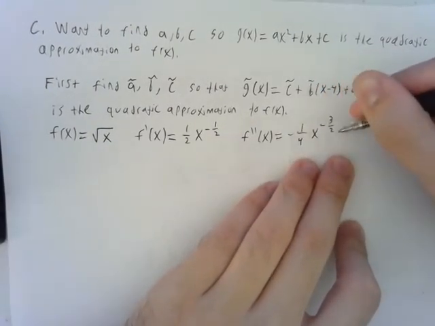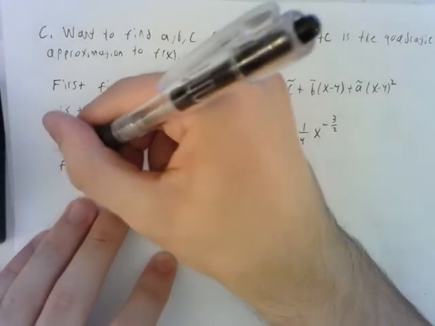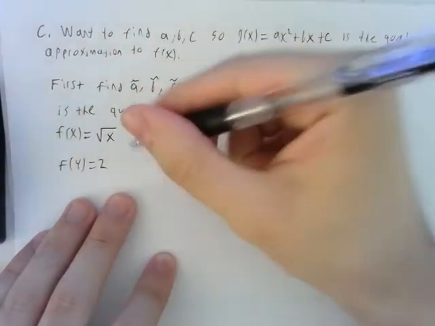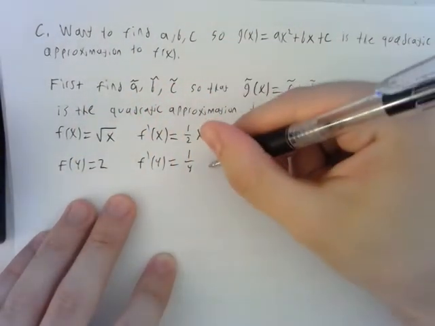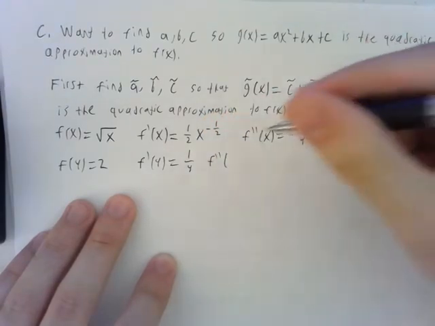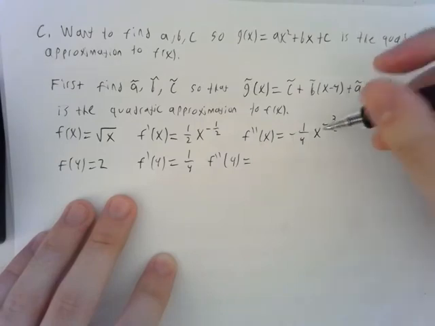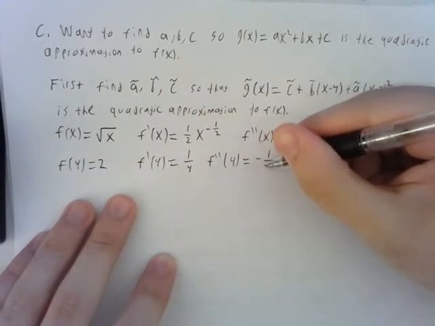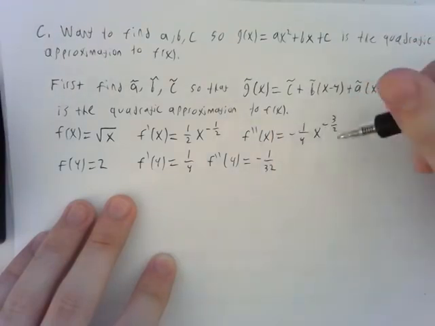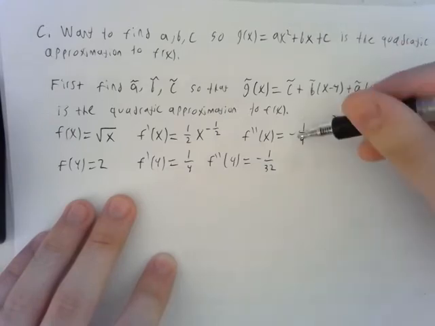Now if we plug in x equals 4, we have f of 4 equals 2, f prime of 4 equals 1/4, and f double prime of 4 will be equal to negative 1/32, because we have 1 over square root 4 is 2, cubed gives us 8, then times 1/4. So we have 1/8 times 1/4, which is 1/32.